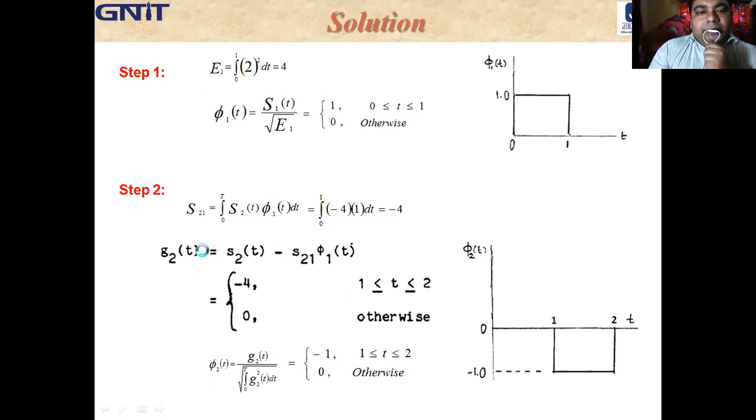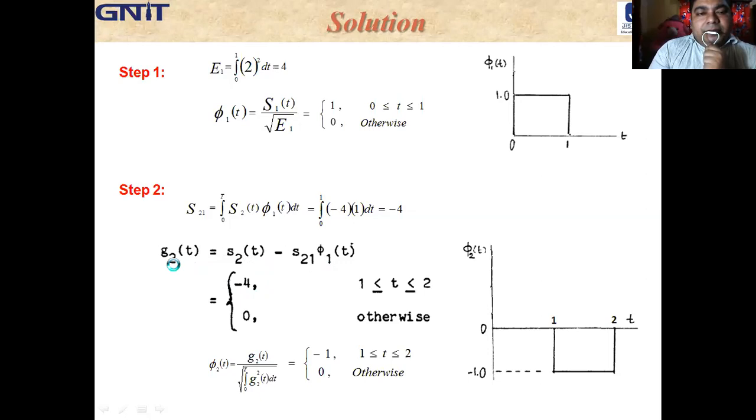Now we move to calculate the intermediate function G2t. G2t is basically S2t minus S21 phi 1t. Now S2t is basically minus 4.